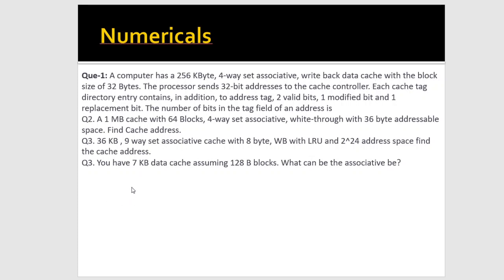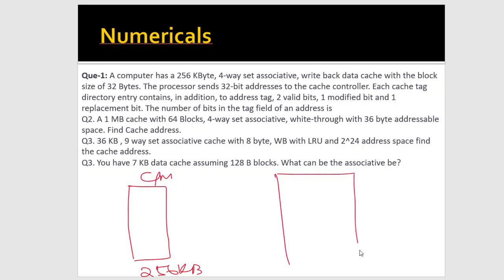That means the size of the cache is 256 KB. This is my cache memory, and this is my main memory. Block size is 32 bytes, same as that of the main memory.